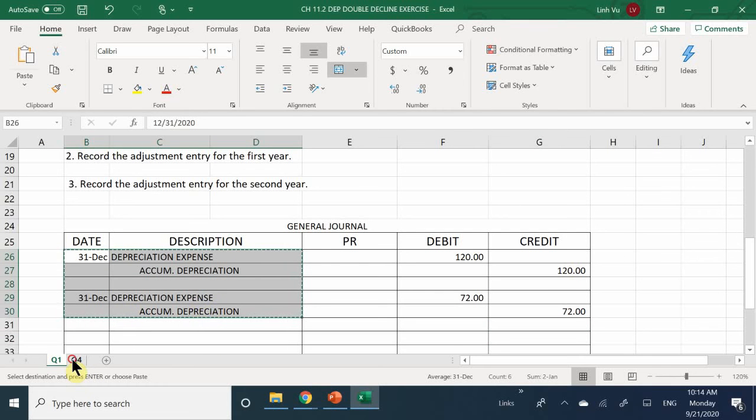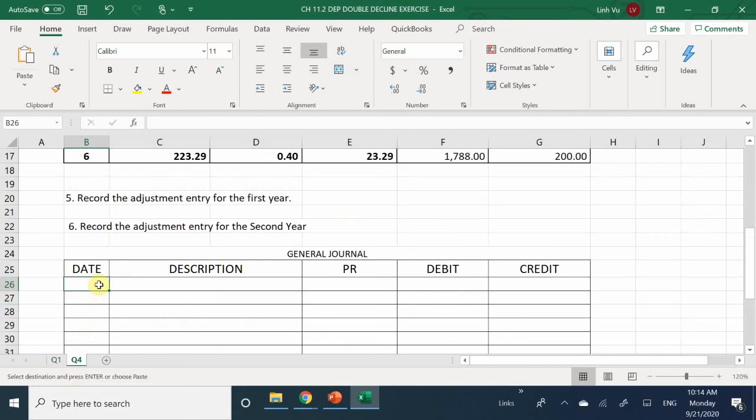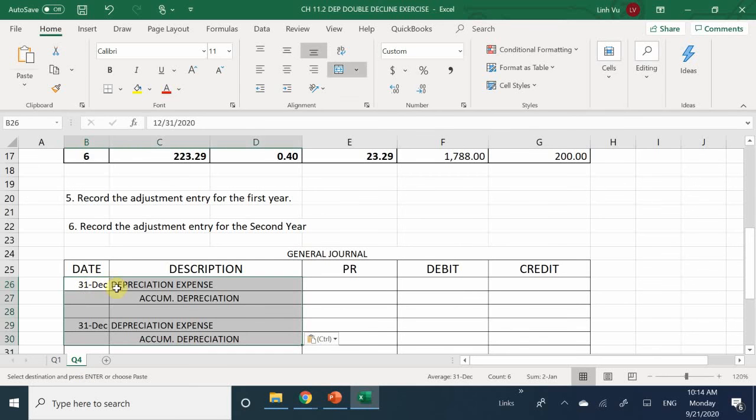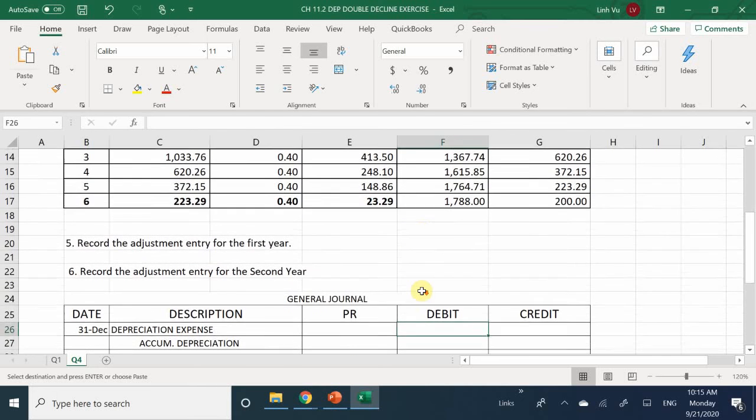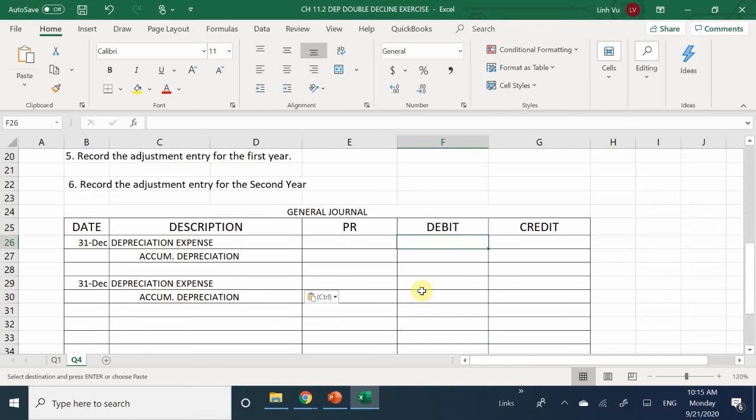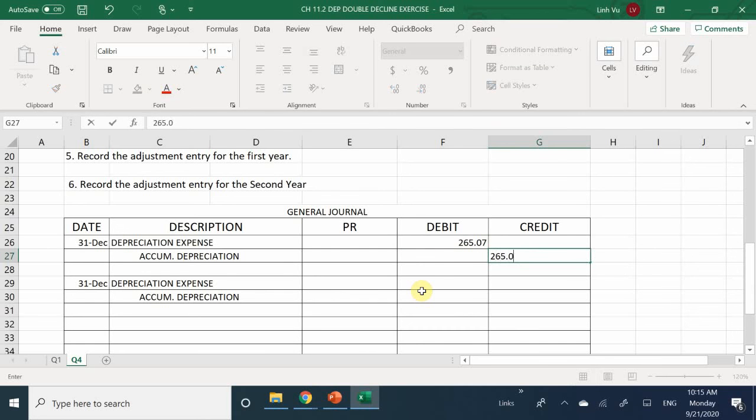So depreciation expense and accumulated depreciation. It's 265.07. And the same thing is going to occur on the other side.